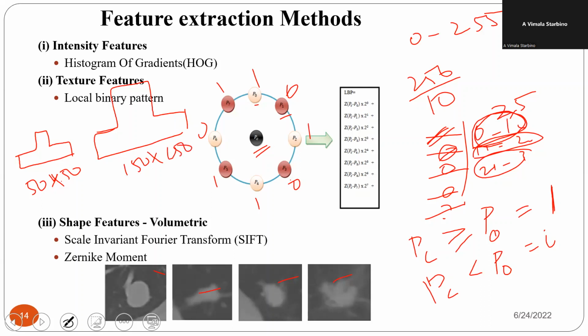Size-wise, the dimensions get varied. The only thing that does not vary is the feature corners. Here this is a corner, here also this is a corner. Even though the size varies, the corner points will be the same.